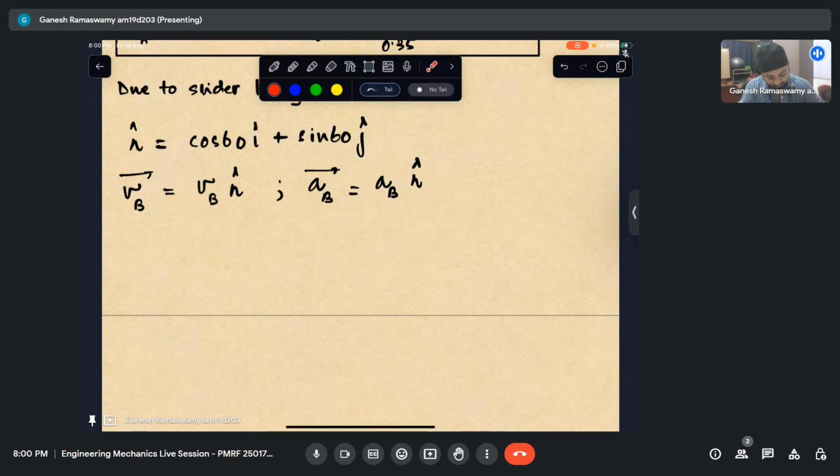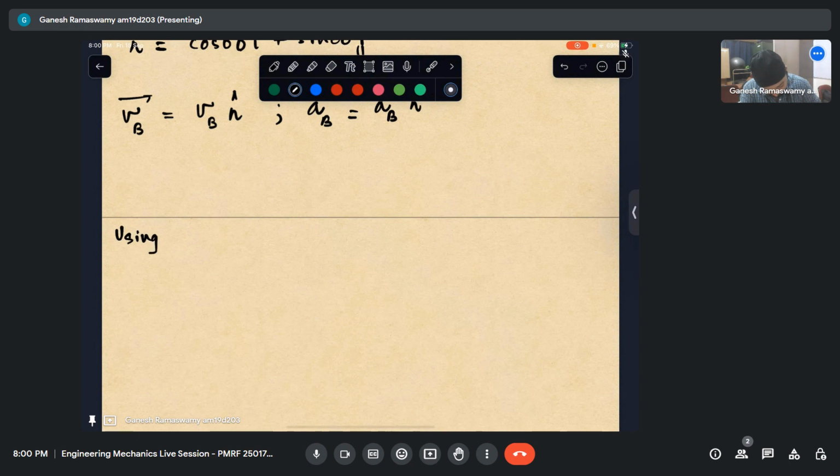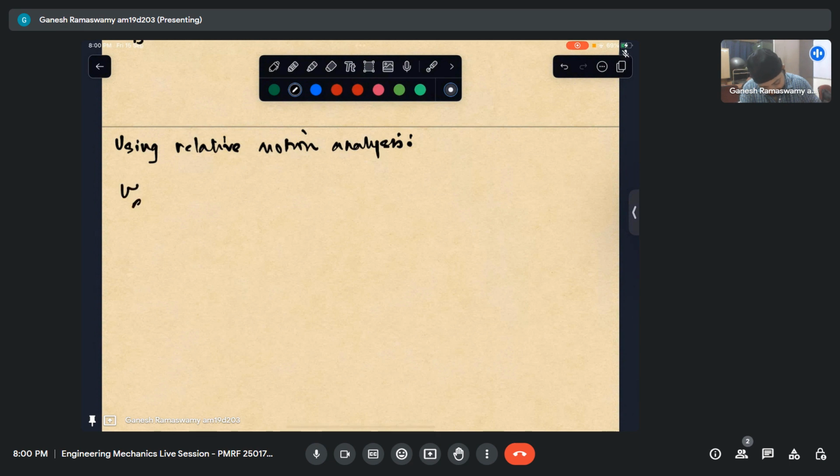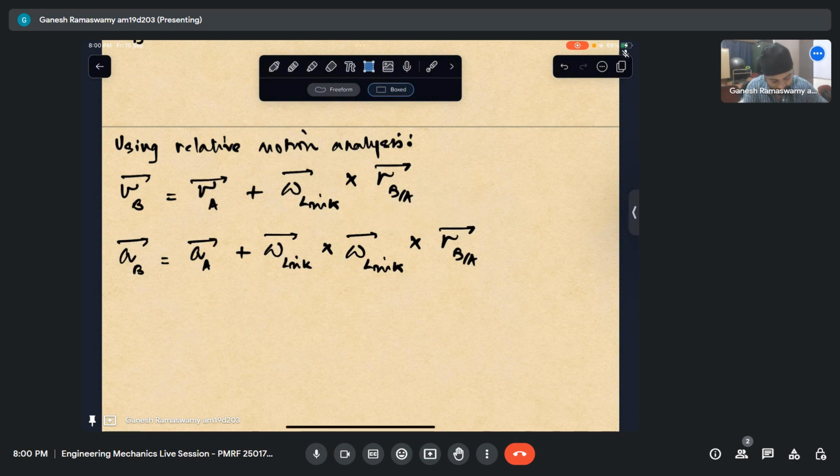So using relative motion, I can write velocity of B is velocity of A plus omega link cross r B with respect to A. Similarly, acceleration of B, I can write it as acceleration of A plus omega link crossed with this quantity plus alpha of the link cross this.